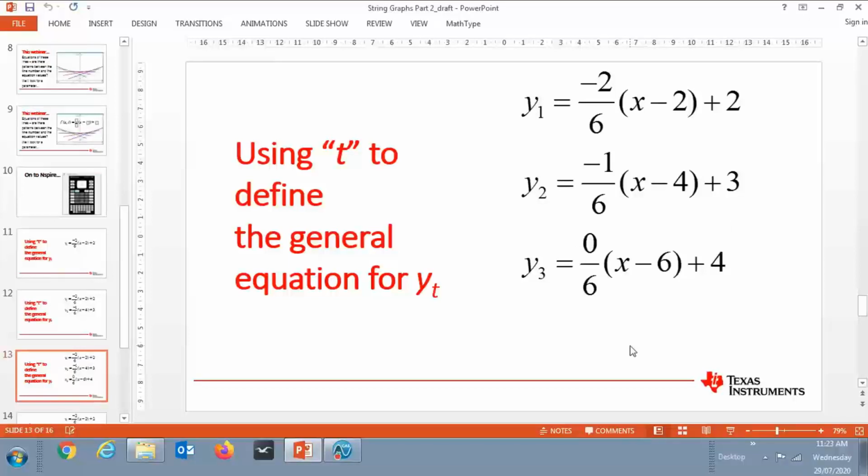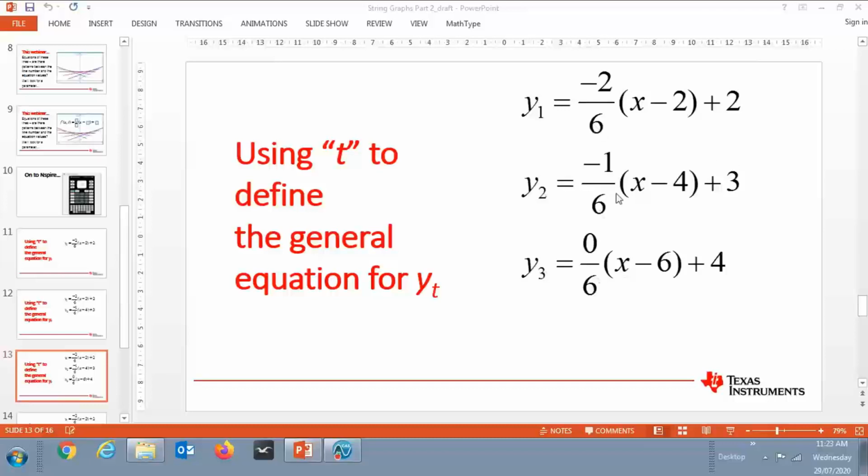The reason for this is that the big challenge in these activities is looking for the patterns that link the equation number, here it's 3, here it's 2, and here it's 1, with the values that you see here. And there's one value that's staying constant. It's the 6 that's down below.